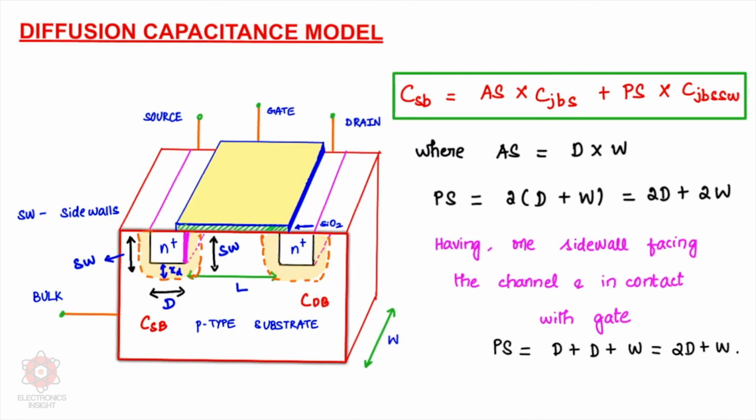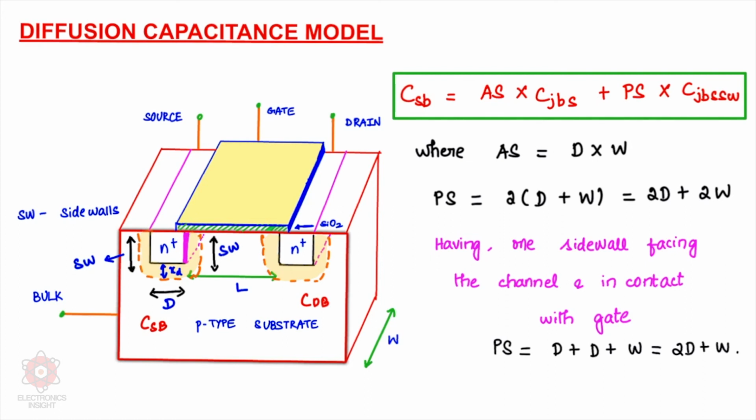The one which I have highlighted in pink color is the side wall which is facing the channel. If you have the formation of a channel, this side wall is going to face the channel, and it is the only wall which is in contact with the gate. So it is partially in contact with the gate.